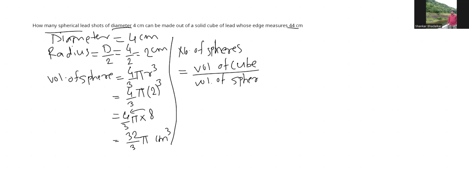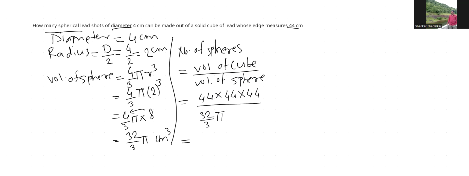So cube volume will be 44 into 44 into 44, since 44 is the side, divided by the volume of sphere, which is 32 by 3 pi.